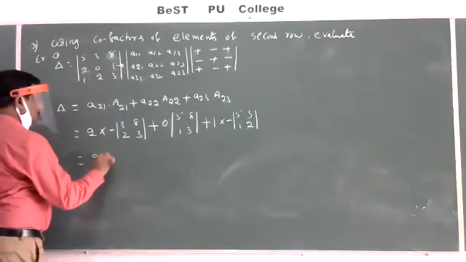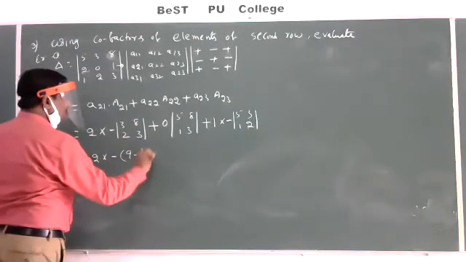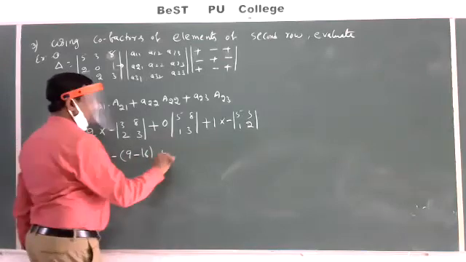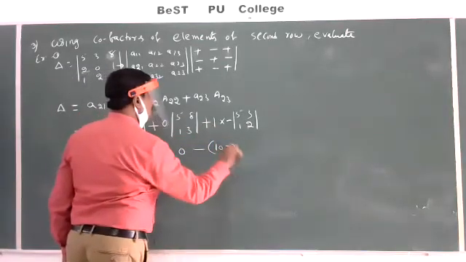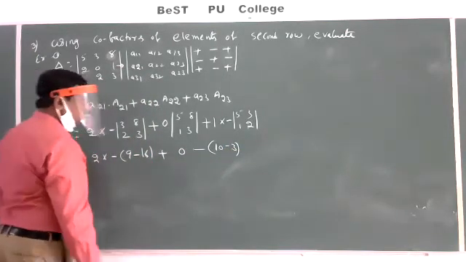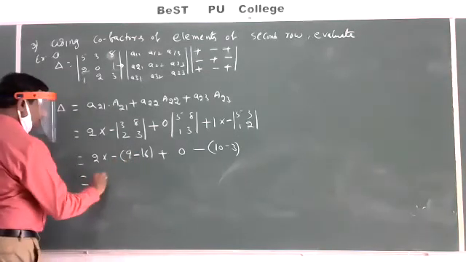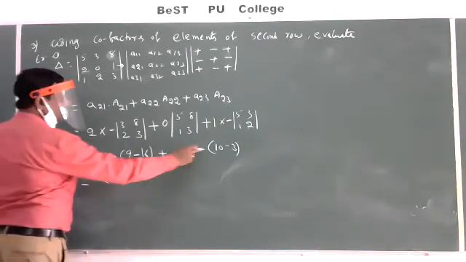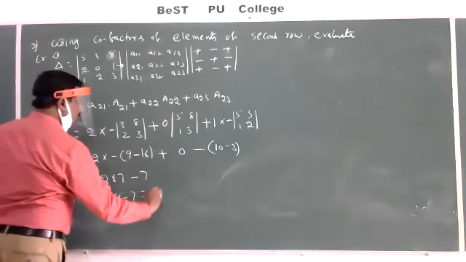Then it is 2 into 3 threes are 9, minus 8 twos are 16. This value becomes 0, here minus 10 minus 3. From this it is 9 minus 16, that is minus 7, minus into minus plus, 2 into 7 is 14, minus 7, that equals 7.